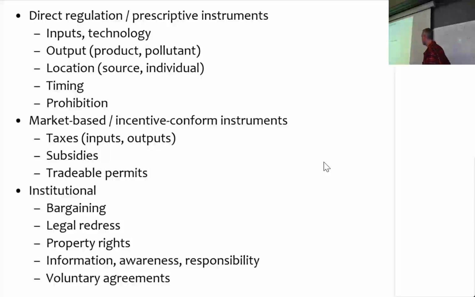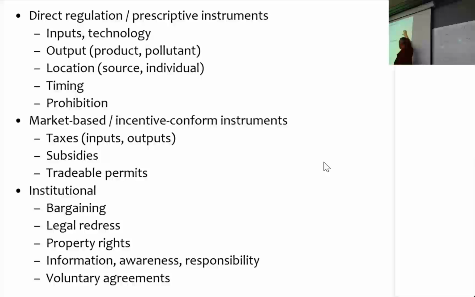And today we're going to mostly talk about direct regulation, which is essentially the government telling households, individuals, companies, other organizations how to do things, what to do, what not to do, right? And that can be regulation of the inputs that you use, can be regulation of the technology that you use, can be regulations on the output, can be regulation on the timing of activities, or can be outright prohibition of activities.